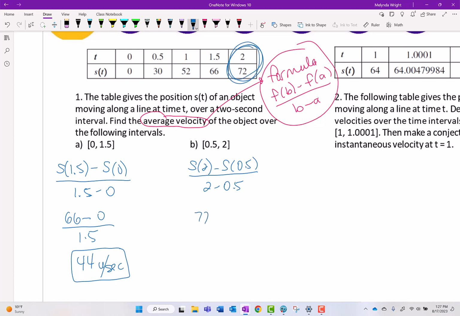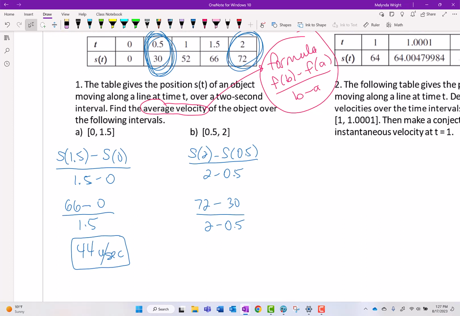That was 72 minus S of 0.5 was right here. That's 30 over, let's see, 2. I'm not going to trust my arithmetic. I'm just going to write 2 minus a half. And again, I went ahead and put that in my calculator, and that yielded 28 units per second.